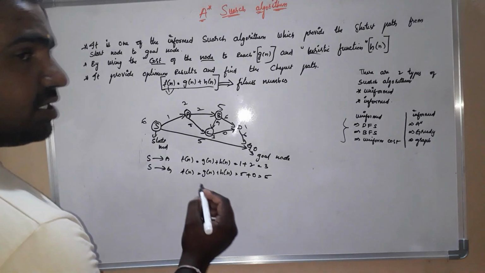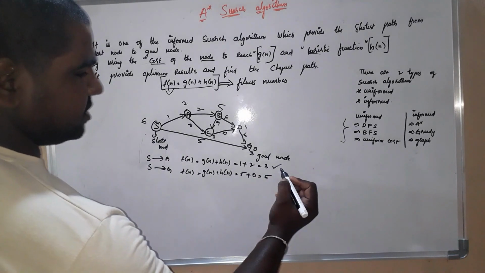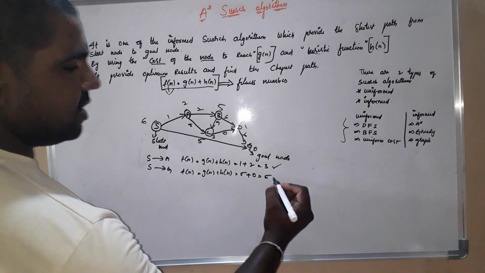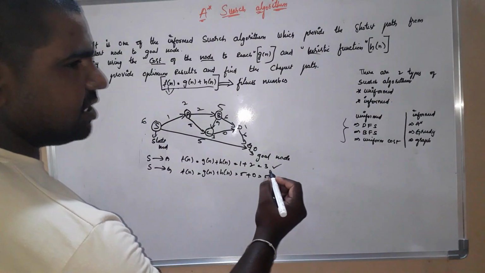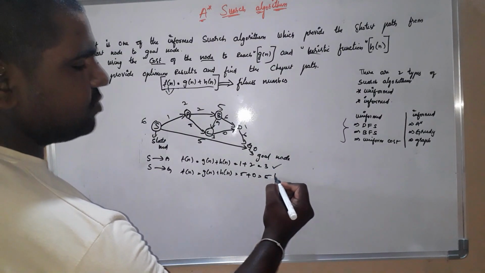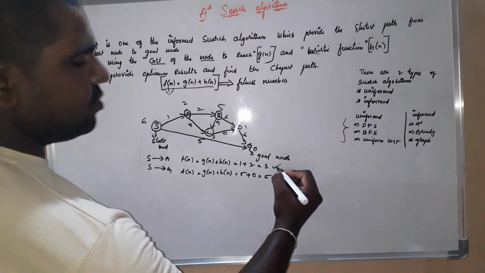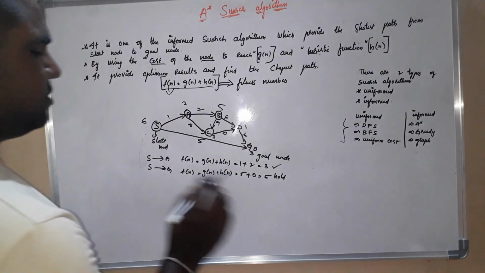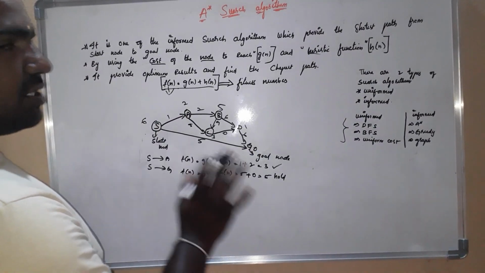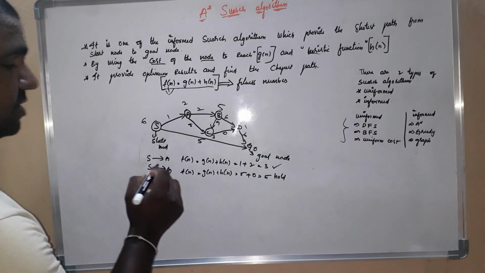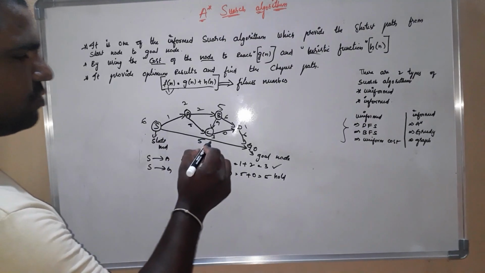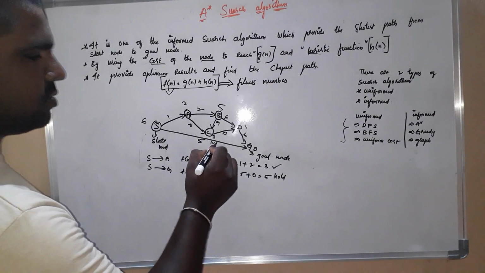Here, which one is shortest? This one is shortest, right? And this one is a little bit bigger than this. So I have to put this on hold and we have to continue this path. One path is over and then this one is on hold.